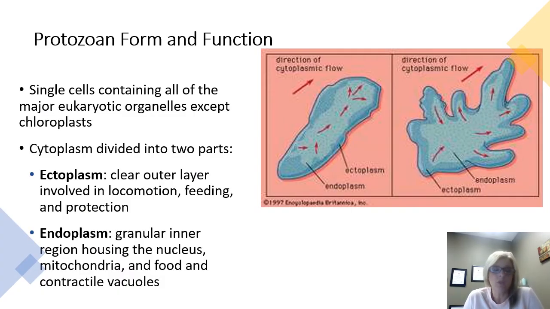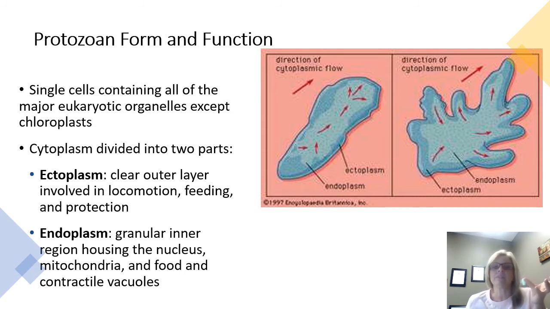Protozoa are going to be unicellular. They're single cells, and they're going to have most of the same major organelles as eukaryotic organisms, except for chloroplasts. Organelles are going to be highly specialized for feeding, reproduction, and locomotion. The cytoplasm is going to be divided into a clear outer layer called the ectoplasm and a granular inner region called the endoplasm.